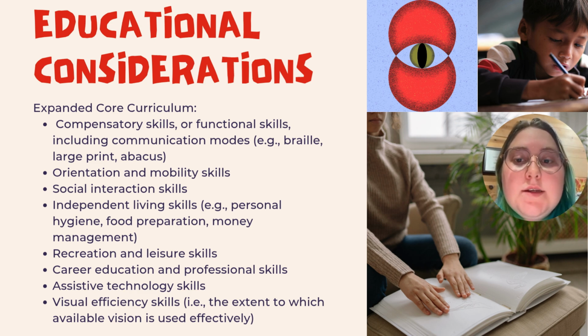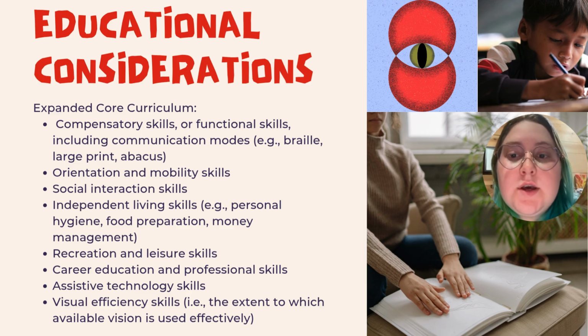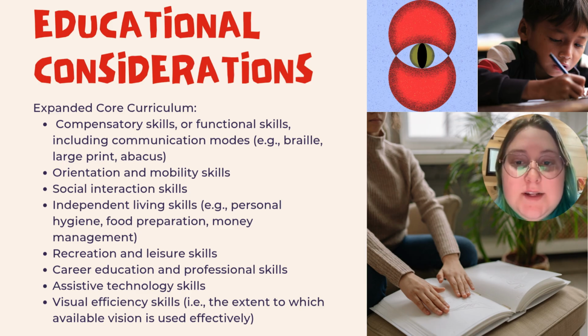So, here is expanded core curriculum, which is really beneficial for students with visual impairments. I got this from the IRIS modules as well. So, the examples are compensatory skills, functional skills, and communications.